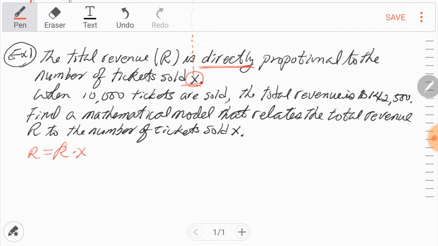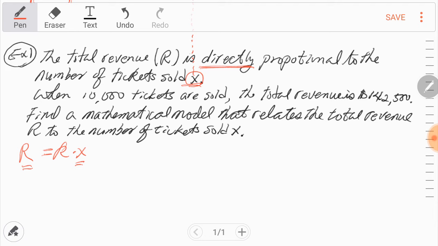This is the equation for this direct variation. Then we need the values of R and x to find this k.